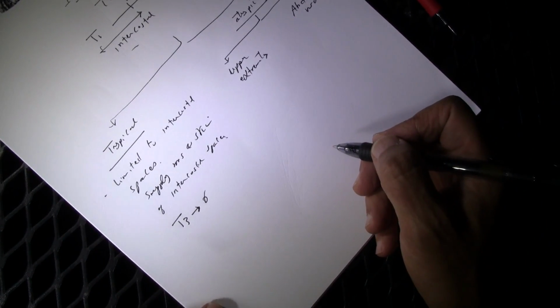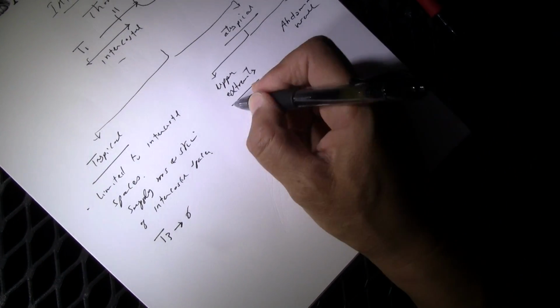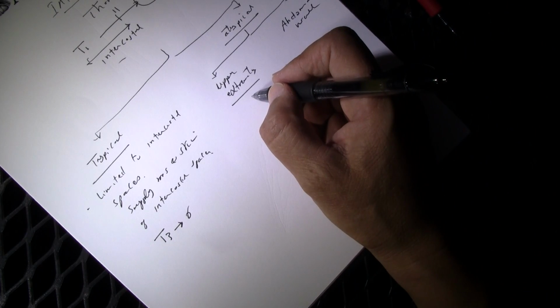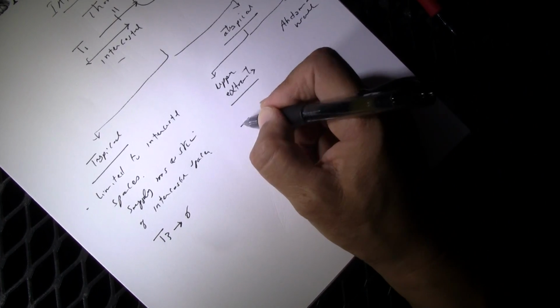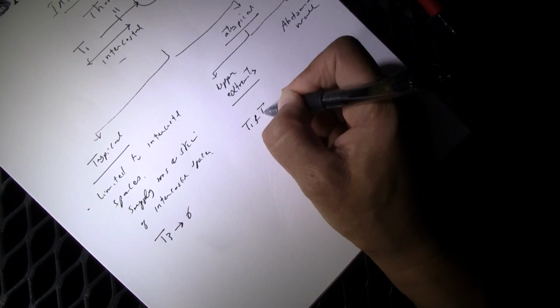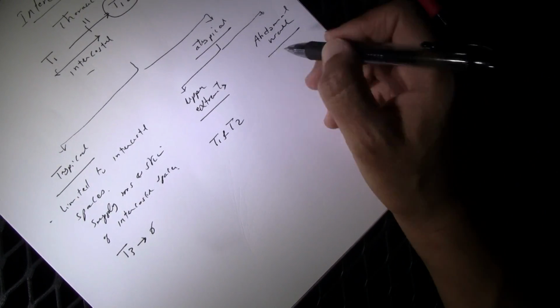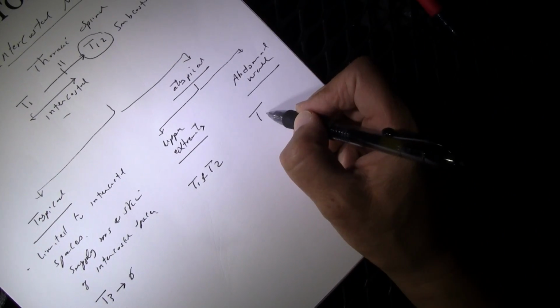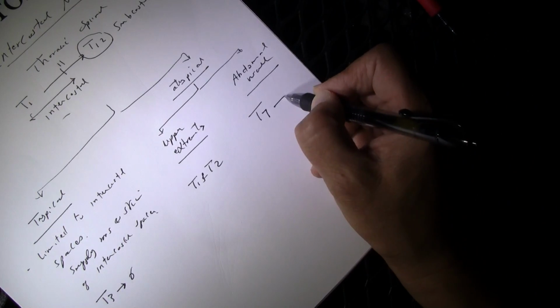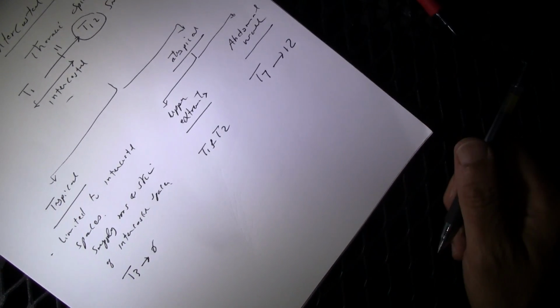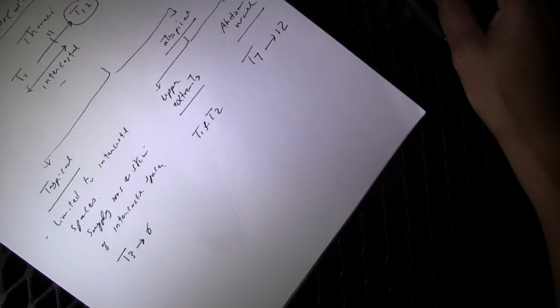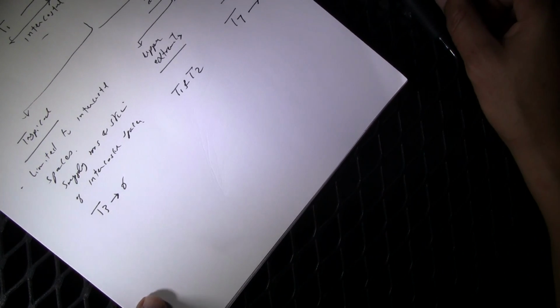The ones which also supply the upper extremity are T1 and T2. The ones supplying the abdominal wall are from T7 down to T12. So those are the thoracic or the intercostal nerves.